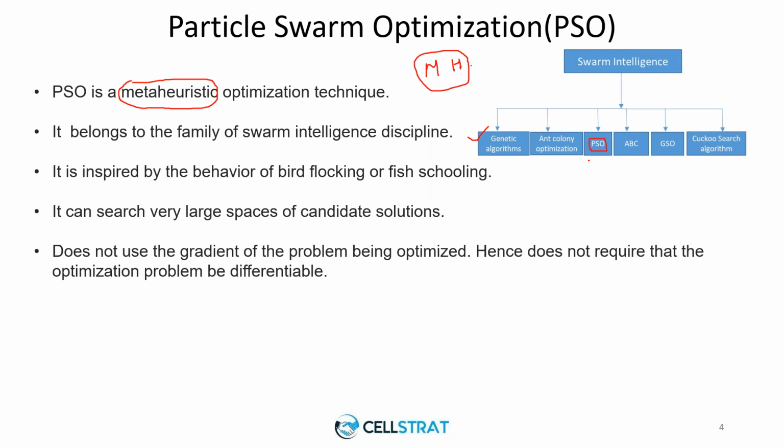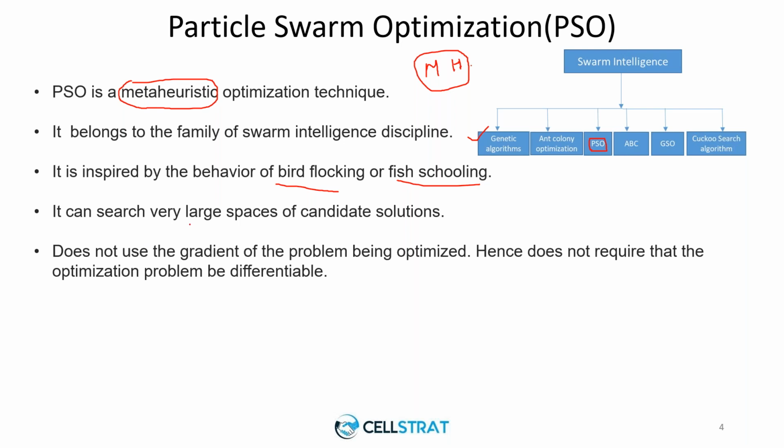PSO in particular is inspired by the behavior of bird flocking or fish schooling. When birds fly in a group, it's called flocking, and fish swimming in a group is called schooling. So PSO is inspired by the behavior of birds flocking and fish schooling.